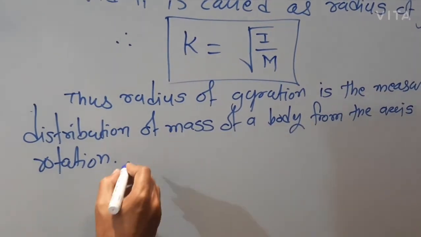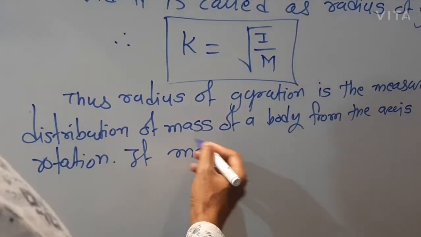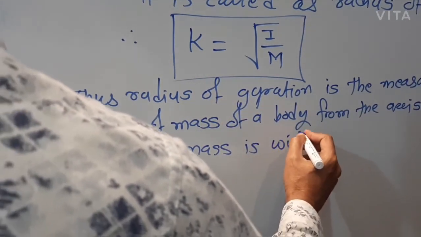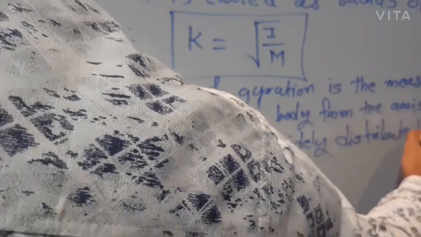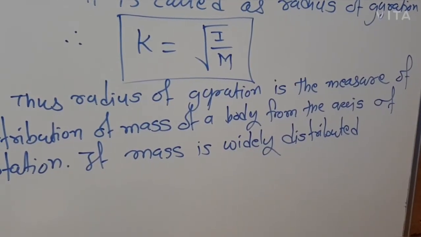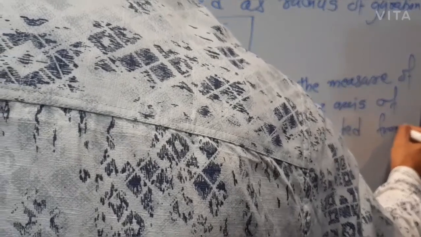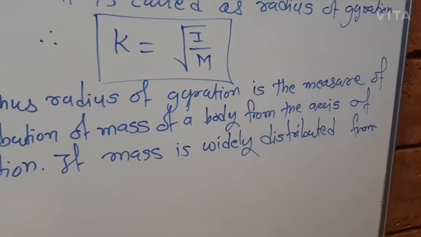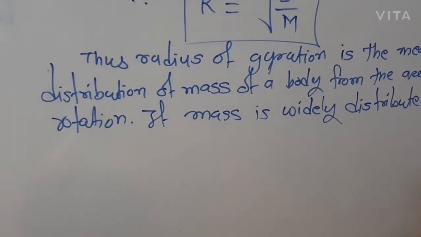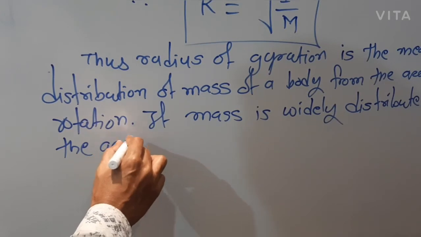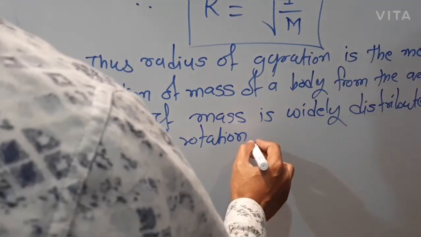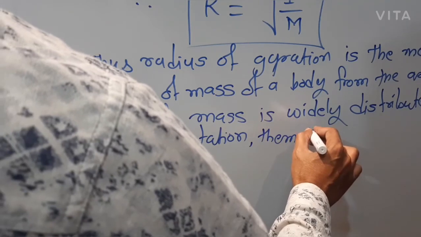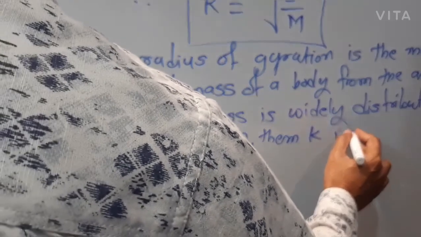So if mass is widely distributed from the axis of rotation, then K, that is radius of gyration, is more.